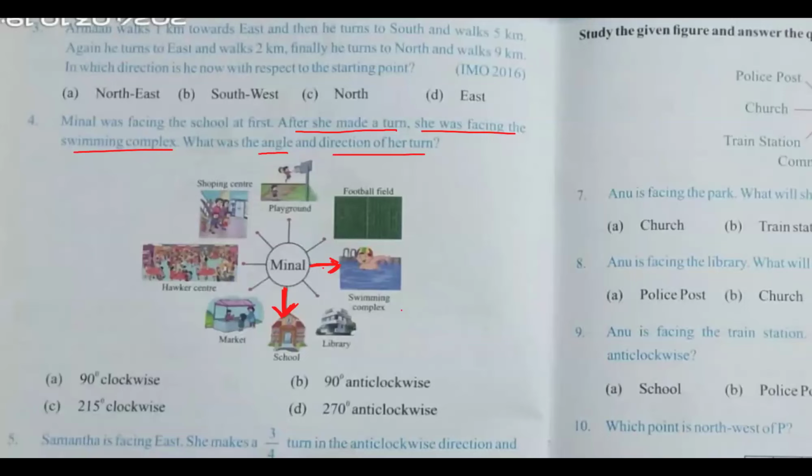Now see, if she wants to reach the swimming complex, there are two ways. Either she can move in the anti-clockwise direction, right? Yes, Sanaya, that's the correct answer, good. Or she can move towards the clockwise direction.